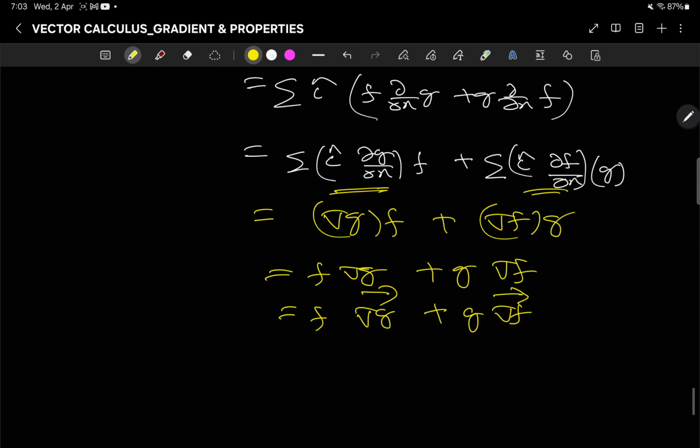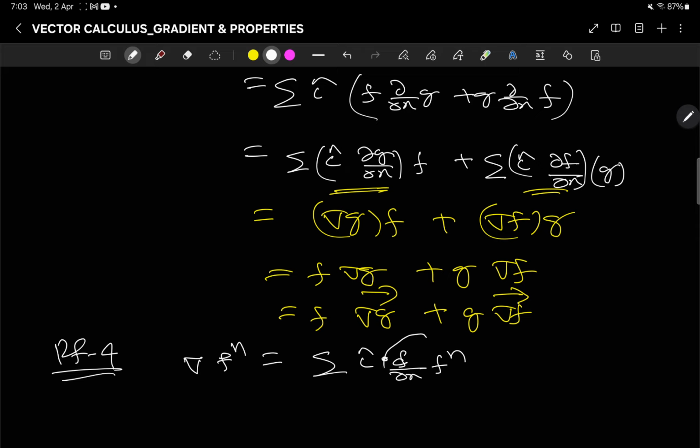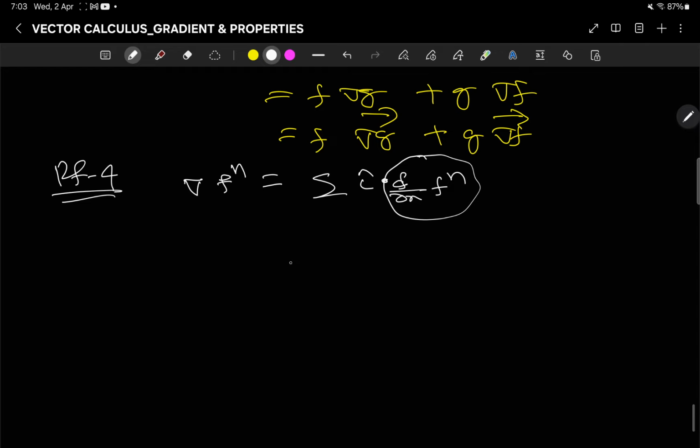So coming to the proof 4, here grad f to the power n. So you can write it summation of i cap dot del by del x of f to the power n. Now derivative of f to the power n is n into f to the power n minus 1, because of the chain rule, times del f by del x.